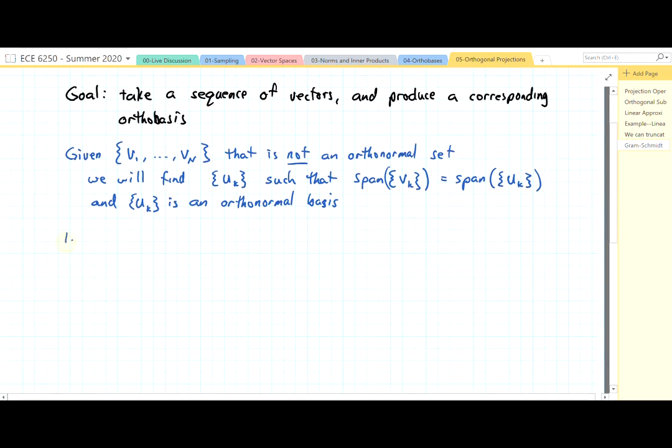So, step one. Let's start with our first vector. We're going to define another vector in here just to simplify the bookkeeping. We're going to say that W1 is equal to V1 and then normalize it. So U1 is the first vector of our orthonormal set, and it's equal to W1 over the norm of W1.